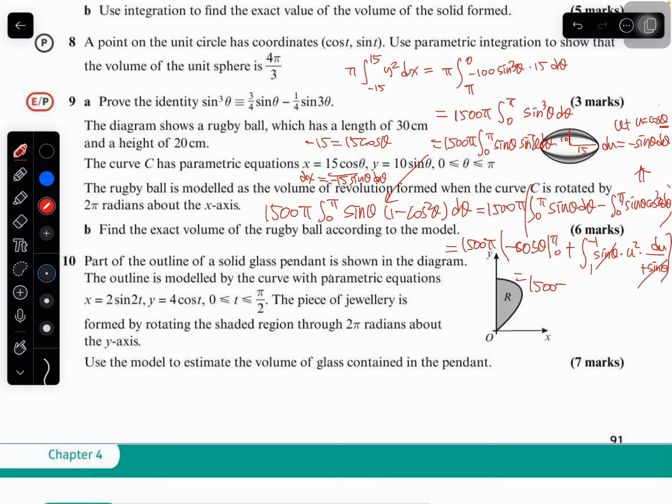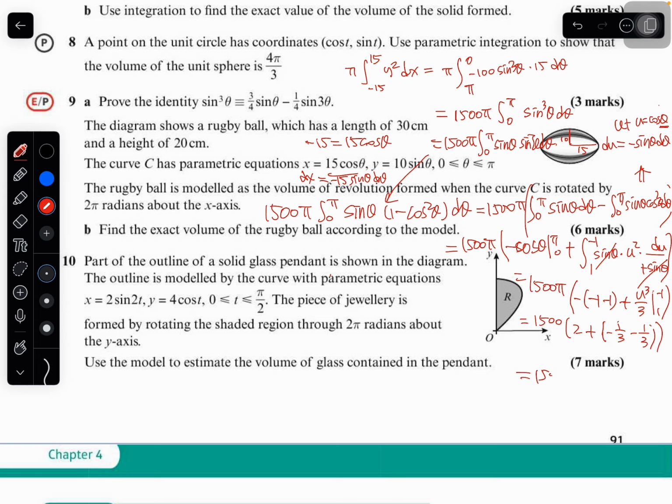So 1500 pi, negative cos theta, minus 1, plus 3 u cube over 3, from 1 to negative 1. So 1500 pi, 2 plus negative 1 over 3 minus 1 over 3.